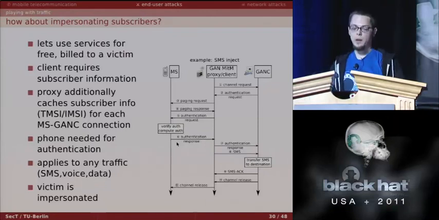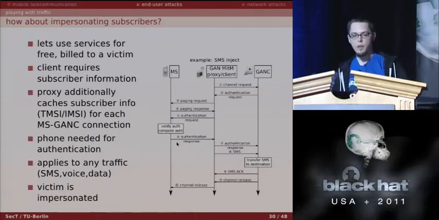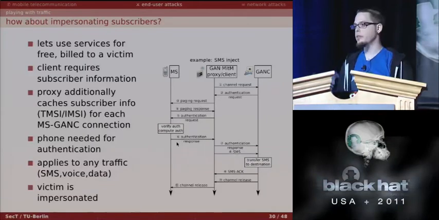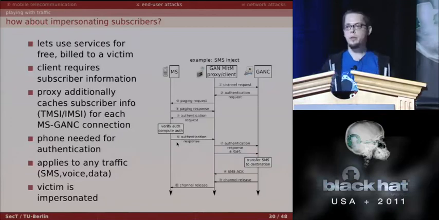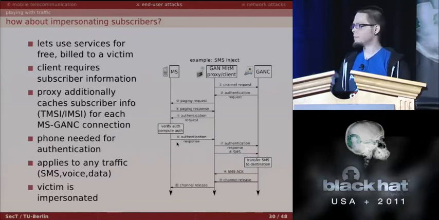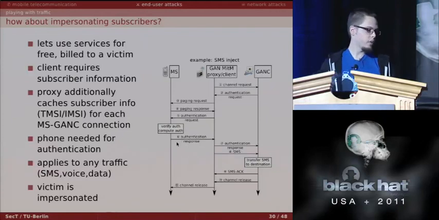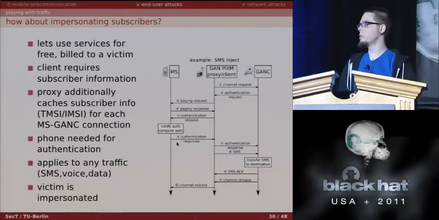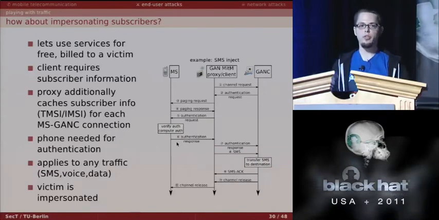So whenever our attack client wants to establish a channel and do a service request on behalf of a victim, it needs somehow to know the identity of the victim, which in the case of a mobile network is either the TMSI or the IMSI number. So in order to get that, the proxy is not only differing between message types, but it's also caching every subscriber-related information exchanged between the phone and the network.